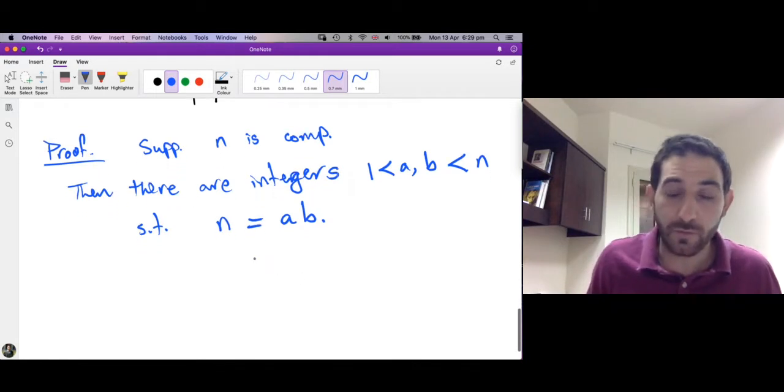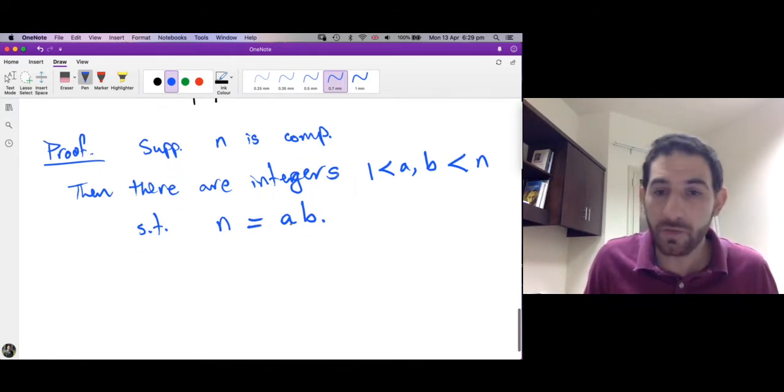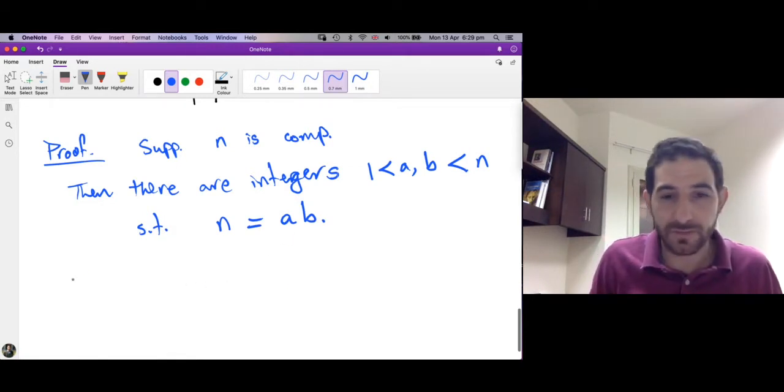Now we claim that either a or b is less than or equal to the square root of n. So we want to show this by contradiction.